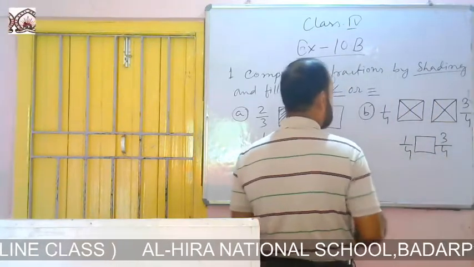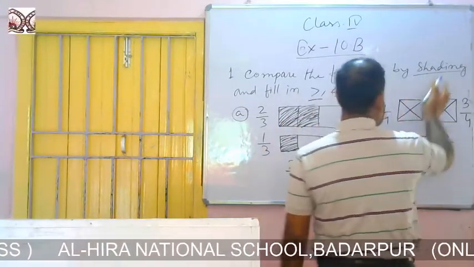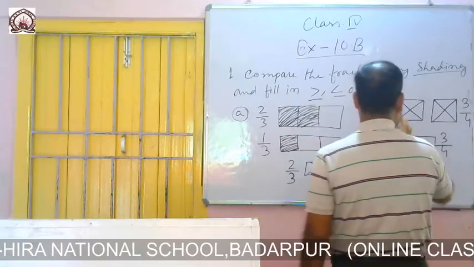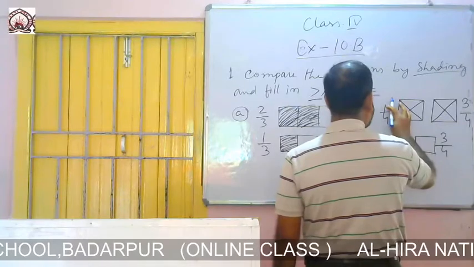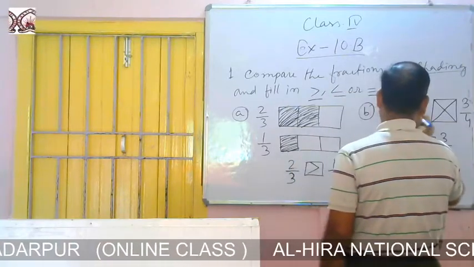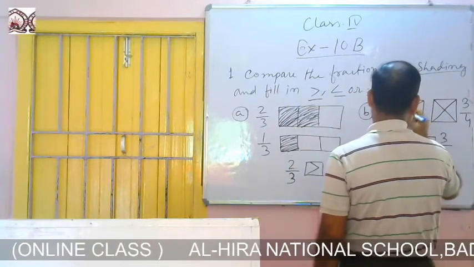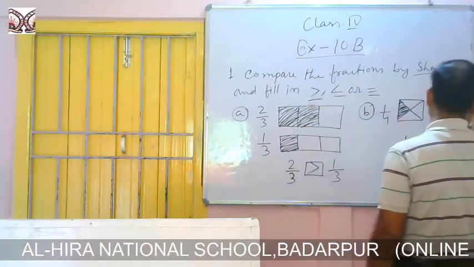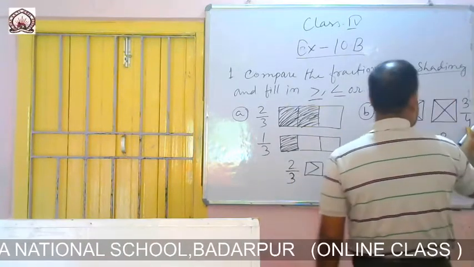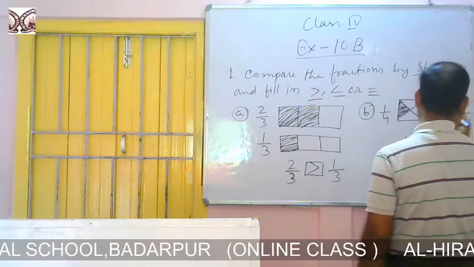So first we color or shade. So here 1/4 means out of 4 parts, 1 part. So only 1 part we color. Here out of 4 parts we color 3 parts.